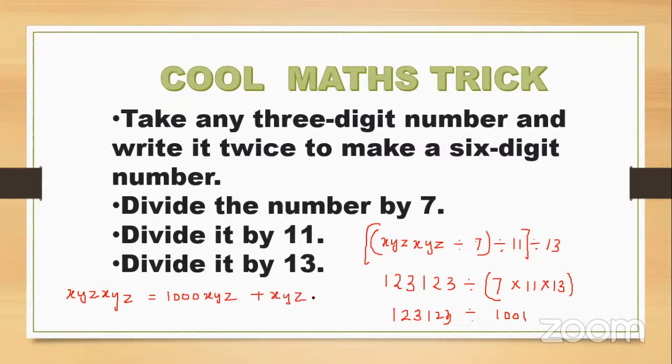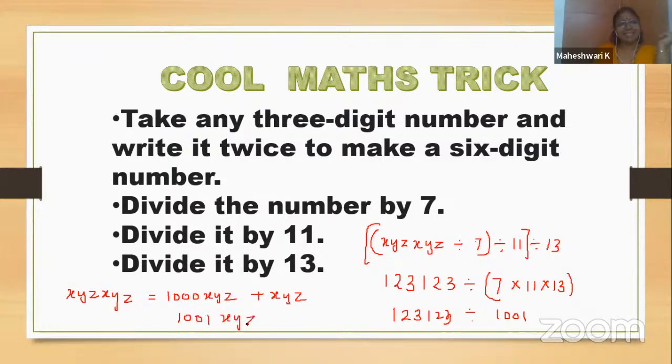So this is what we get, and it's divisible by 1001. When you divide it by 1001, you get XYZ. So you take any 3-digit number, and that's how the logic goes, because 7 times 11 times 13 is 1001. Interesting, it's awesome. So maths is really cool and great.